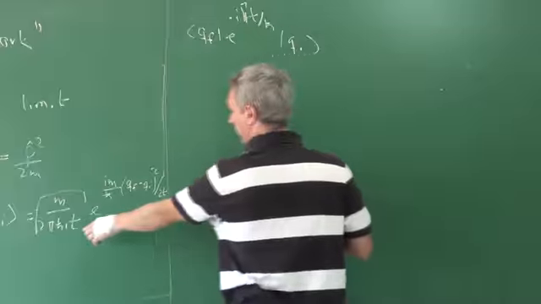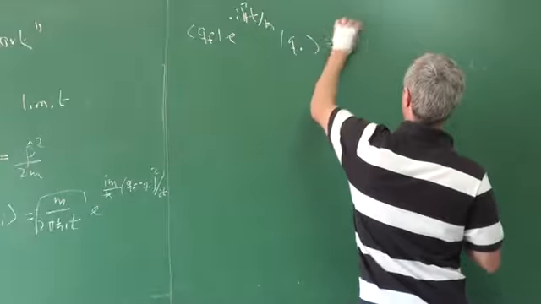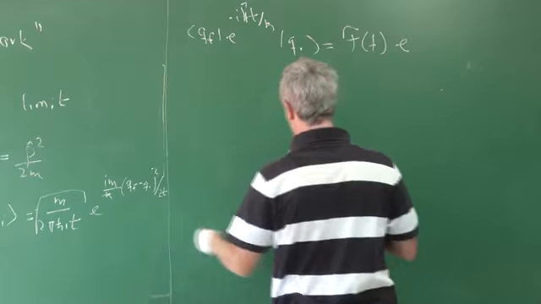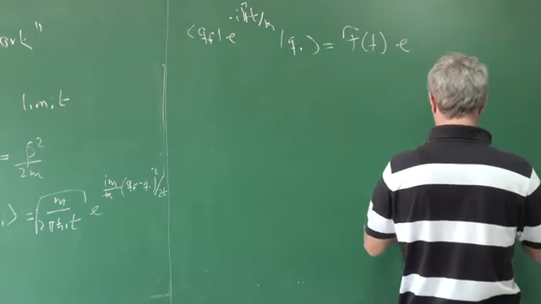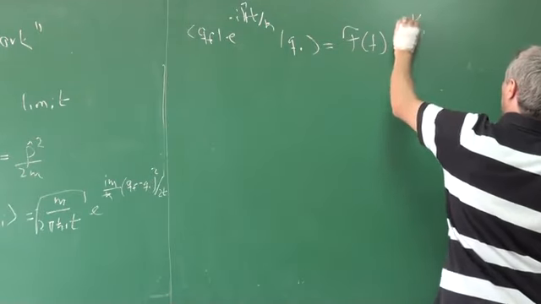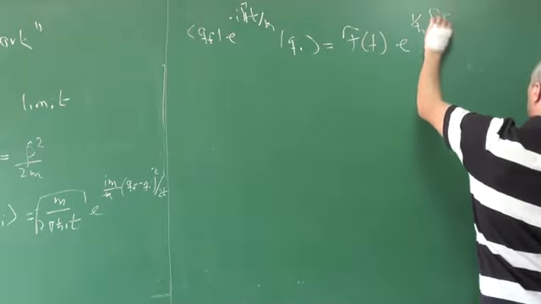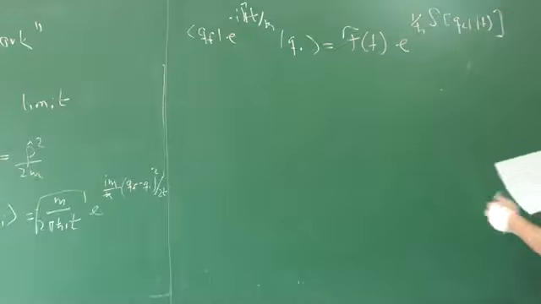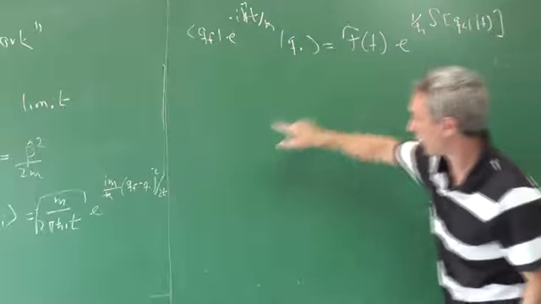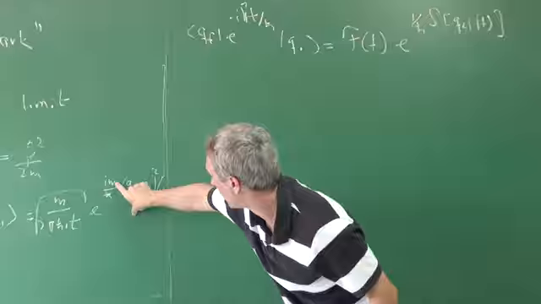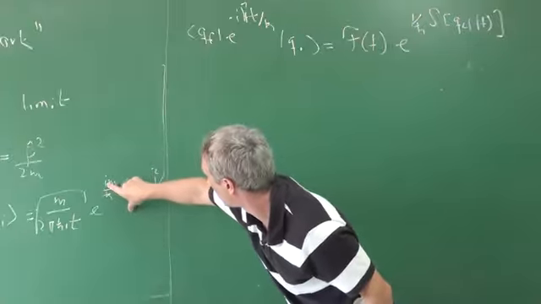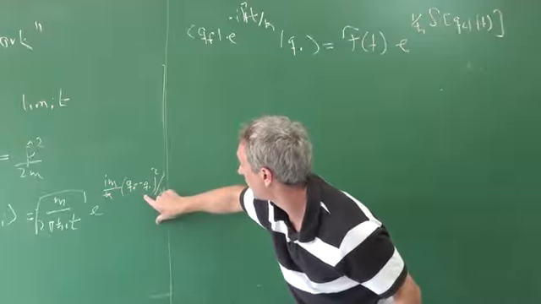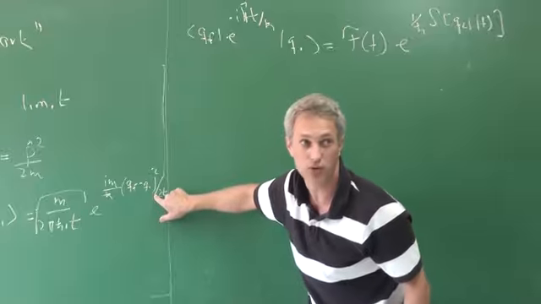So what we find is we have some function which is t-dependent, and then we have e to the i divided by h bar with some function which I now call the action of a classical path. Well, why do I call it the action of the classical path? Because what is written here, if I take away i over h bar, it's m times qf minus qi squared divided by 2t.